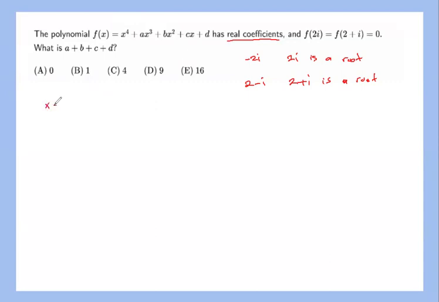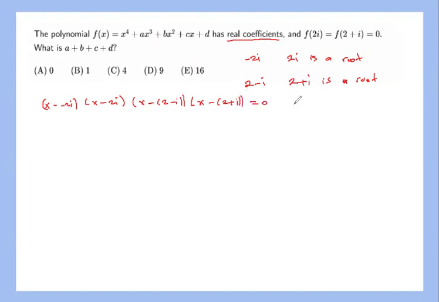So x minus the root, x plus 2i, is going to be a factor to get negative 2i as a root, and x minus 2i, the other root, will be another factor. Then x minus 2 minus i will be another factor, and x minus 2 plus i will be another factor.